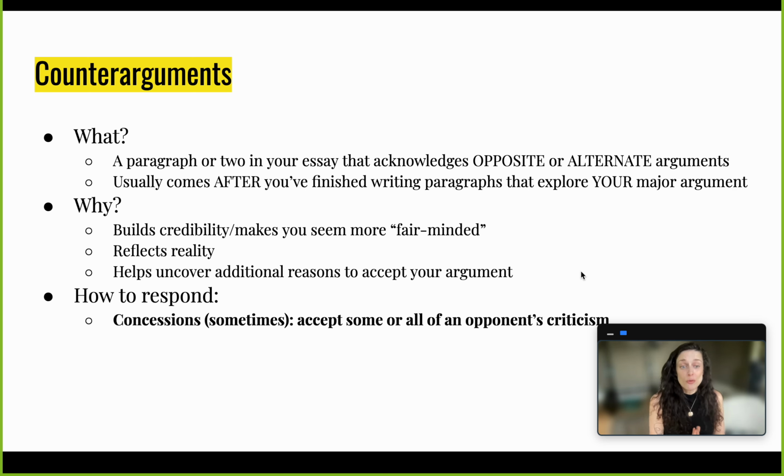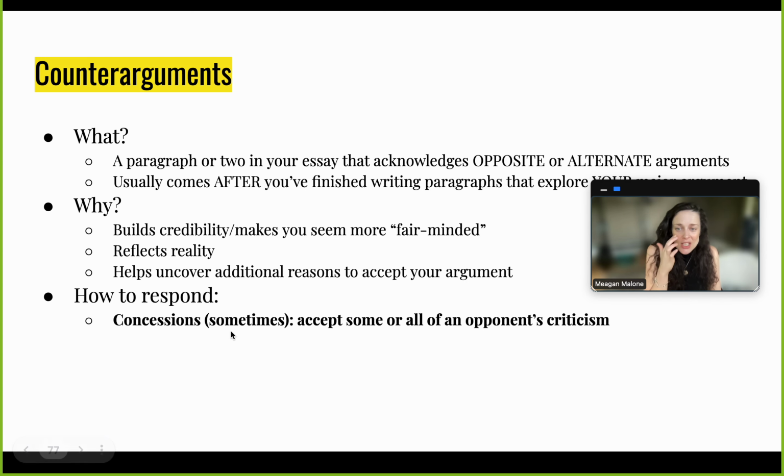So how do you respond to a counterargument? Well, you have to write a rebuttal or a concession. A concession is where you say sometimes, actually, yes, my opponents have the better idea here, and I need to acknowledge that. However, you're not going to accept the entire thing. You'll have to accept parts of it because you are making the argument in your favor.